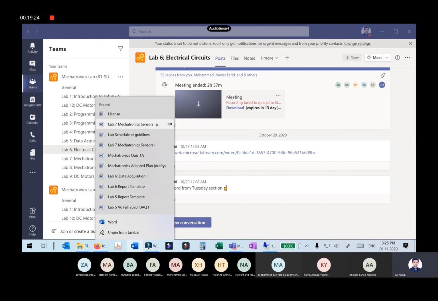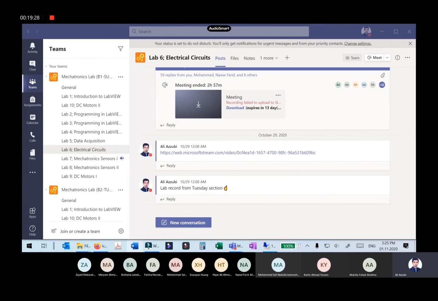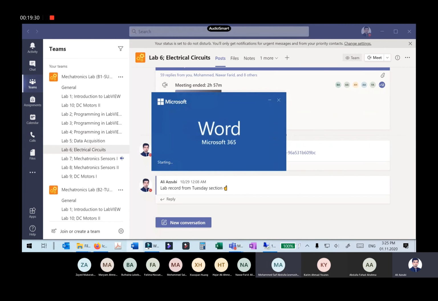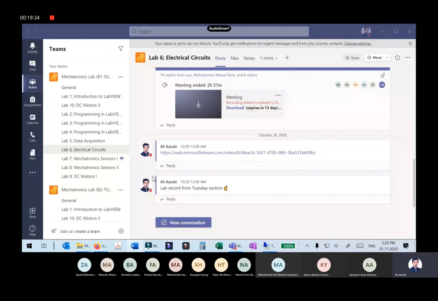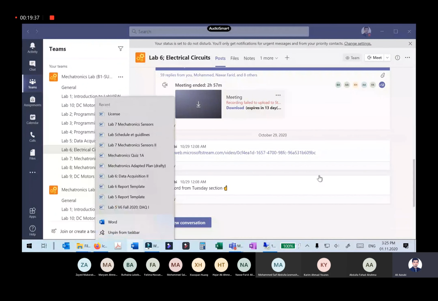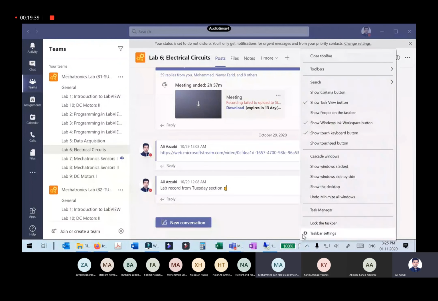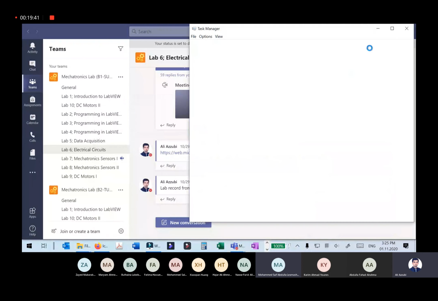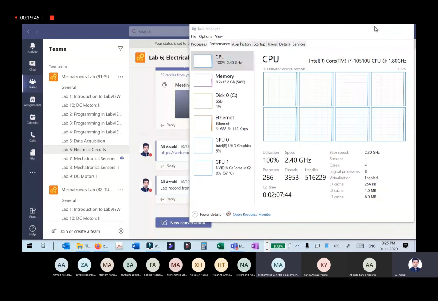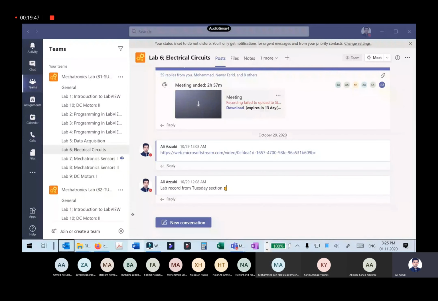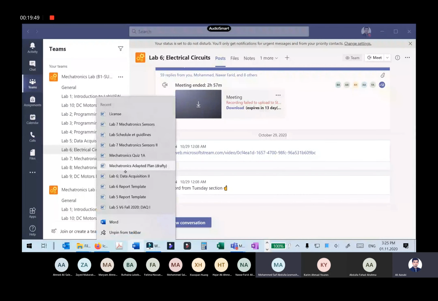Let's see here. Where is Lab 7? We go back. About here. My laptop is slow because I'm preparing a video. Is the I the same as I1? Yes. Let me double check on that. There's Lab 6.